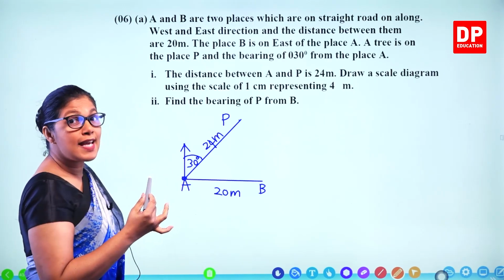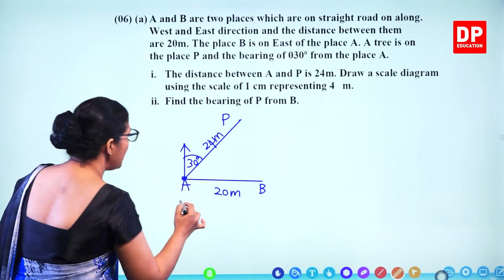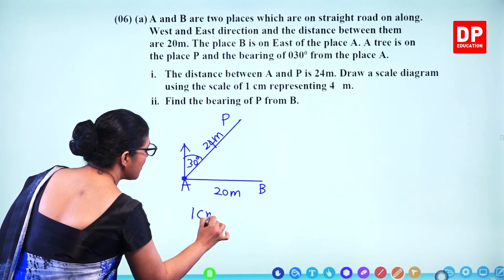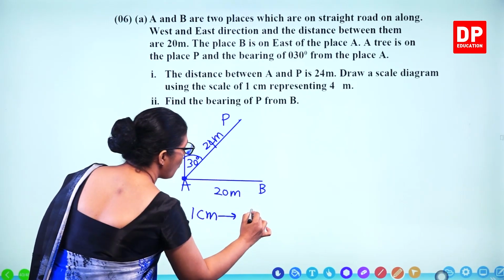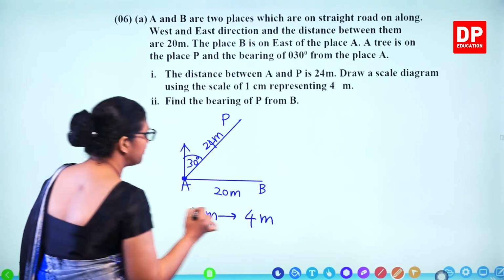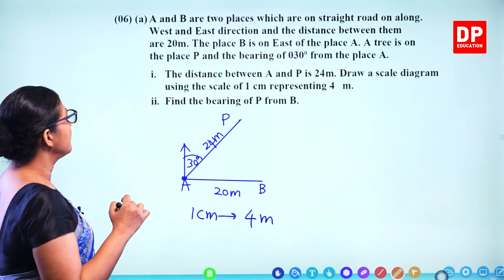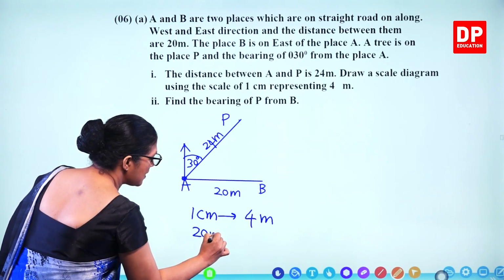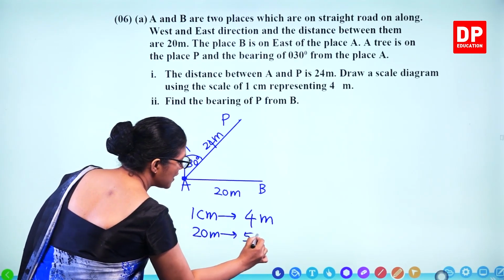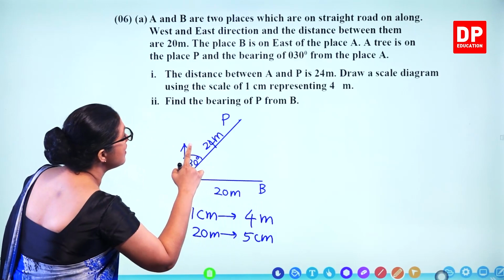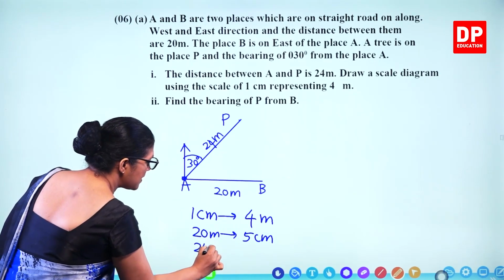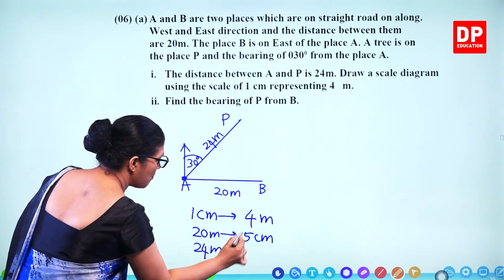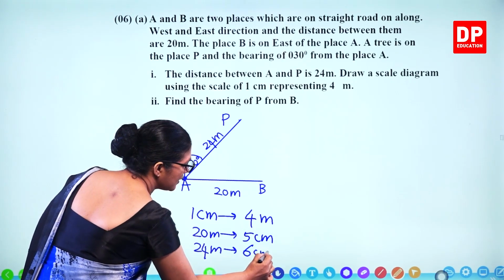Now we have to draw the scale diagram. So what's the scale given? 1 centimeter represents 4 meters. So you need 20 meters. So what's the distance? Divide by 4, you get 5 centimeter length, and 24 meters is divide by 4, you get 6 centimeter length.